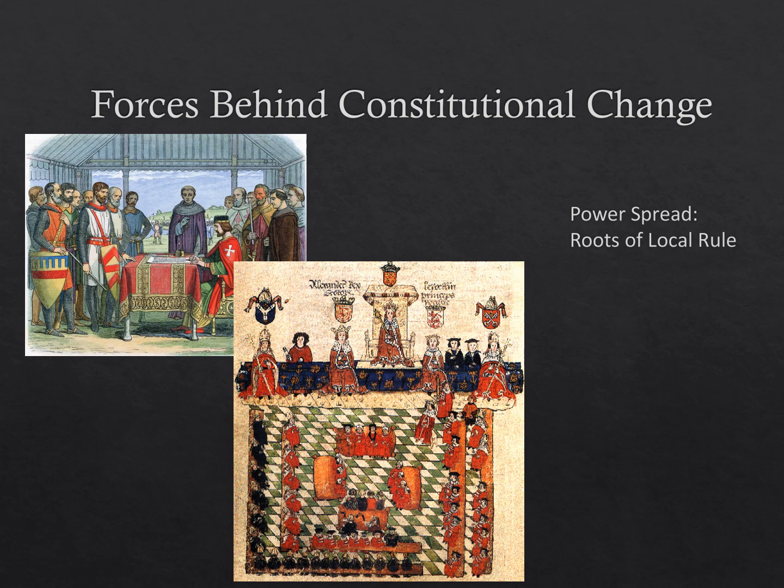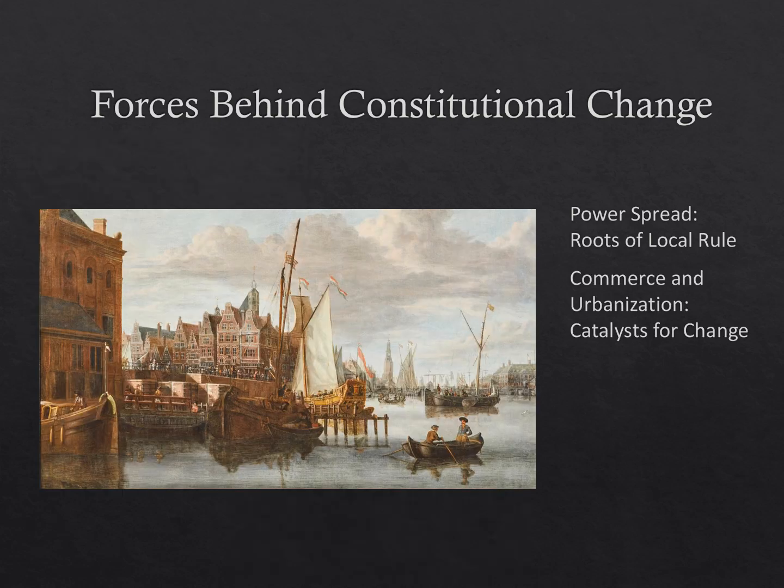Another factor that set the Dutch and the English apart was commerce and urbanization. Now, all throughout the late Middle Ages, cities were growing all across Europe, and money was becoming more important.